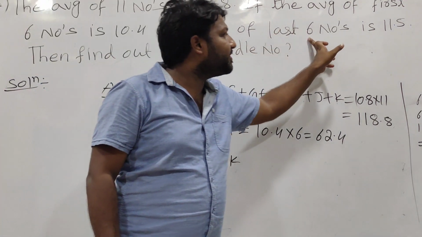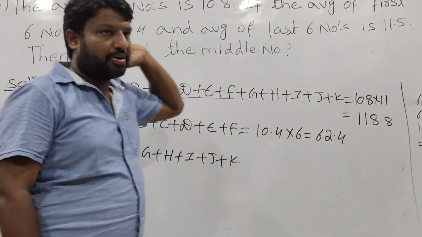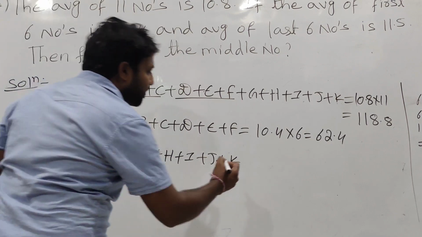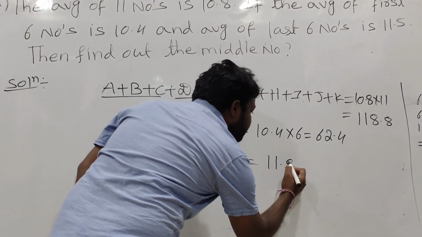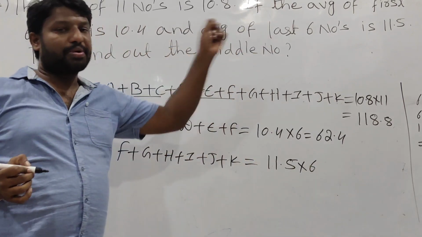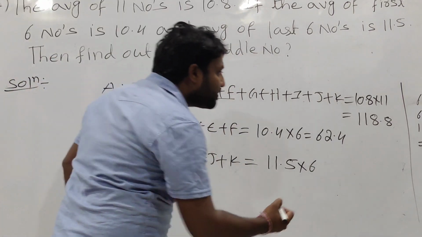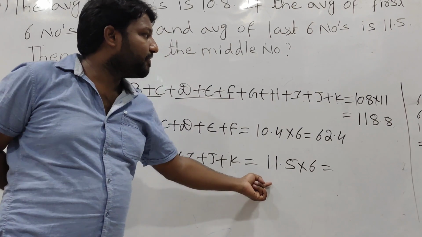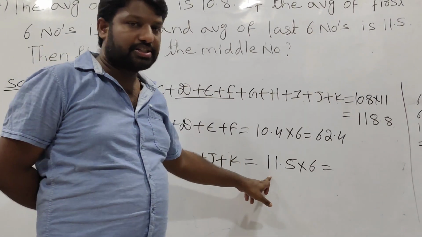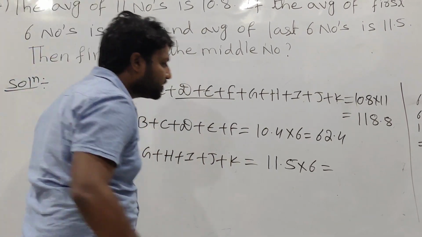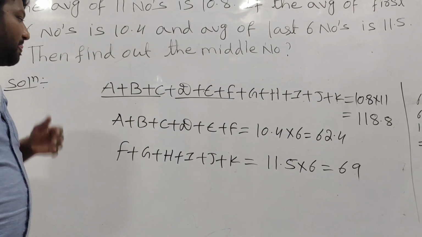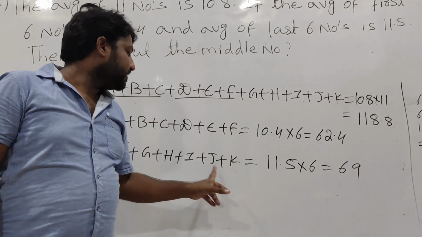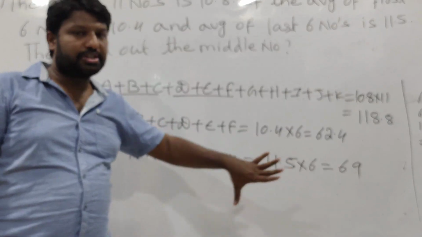Sum is nothing but average into number of observations. So 11.5 into 6. What is the value of 11.5 into 6? 11 sixes are 66, plus 0.5 into 6 is 3, so this is nothing but 69. Okay, so that is the sum of the last 6 numbers.